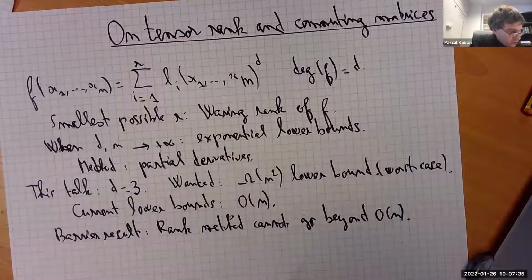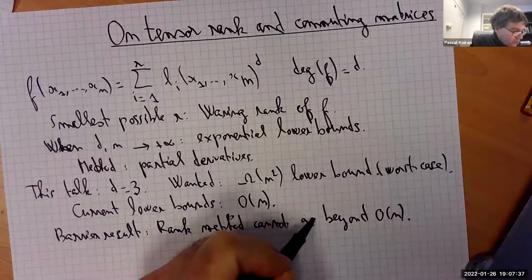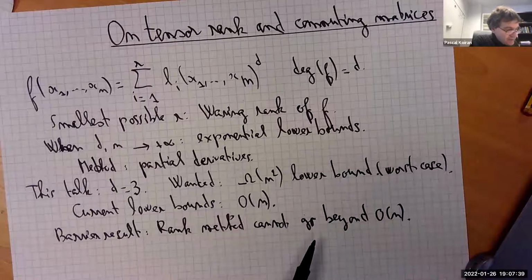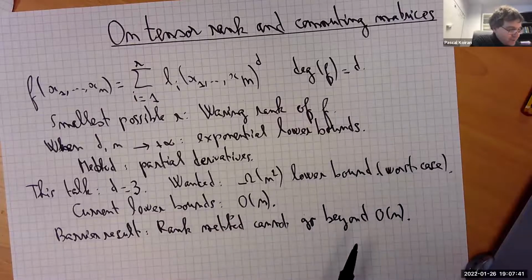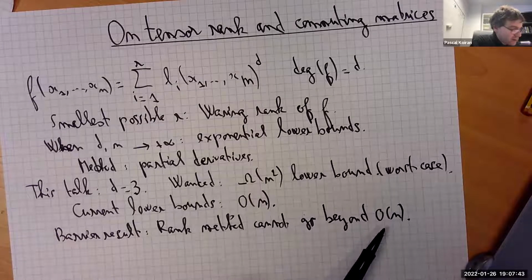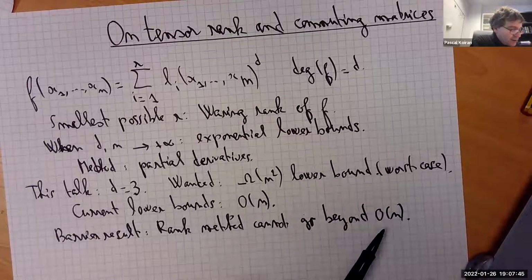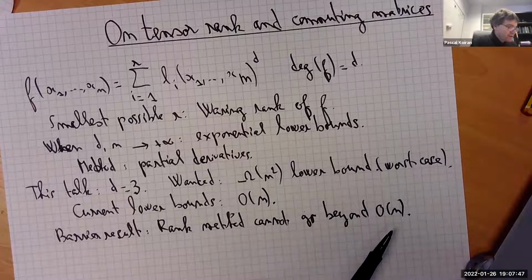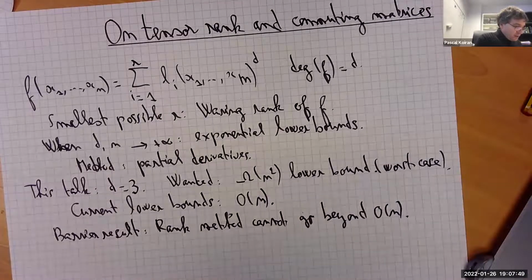There is also a follow-up work by Visu Makam and some co-authors, and they actually give some explicit value for the constant. You cannot do better than maybe 6n or 8n or some small constant times n with the rank method.